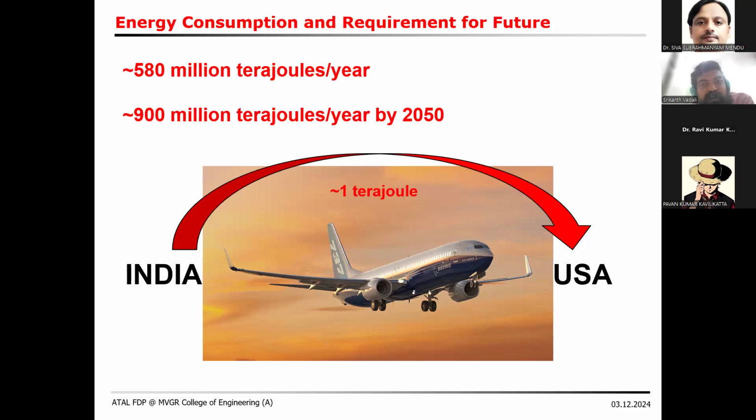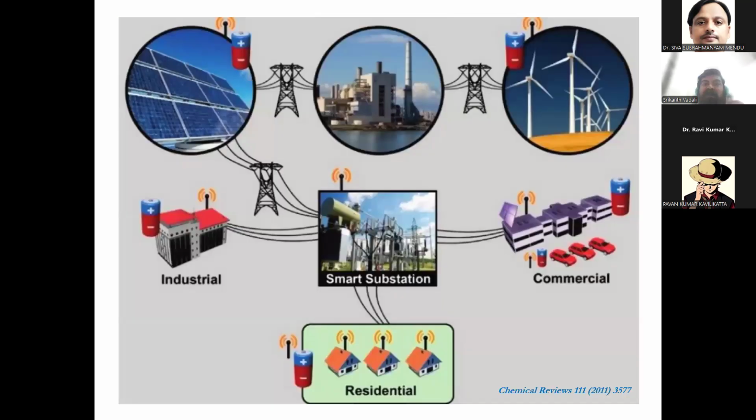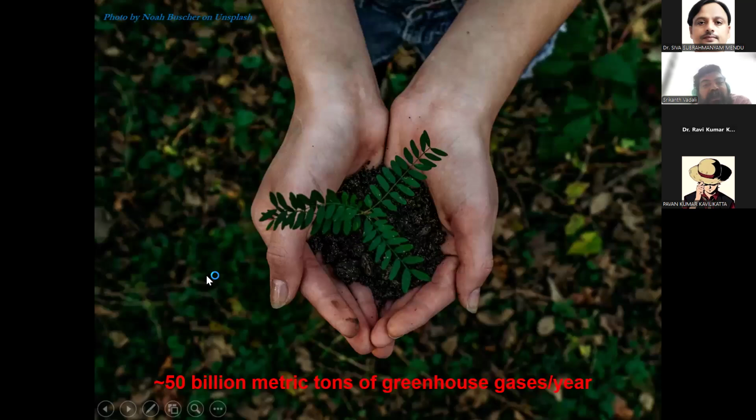And the idea is, the requirement on one hand is good. If we want to meet this requirement of 900 million terajoules per year, we are talking about bulk energy conversion, bulk energy storage, bulk energy transportation, and all this without harming the environment.